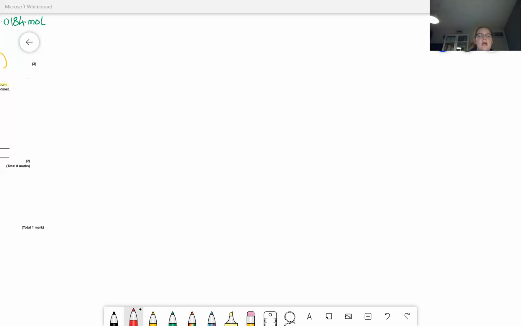So we're going to have a quick look at hydrogenation now. Hydrogen can be added to that carbon-carbon double bond, and we could do that by using a nickel catalyst in a process called hydrogenation. So, for example, ethene plus hydrogen.